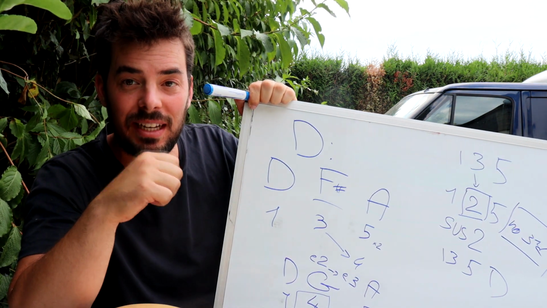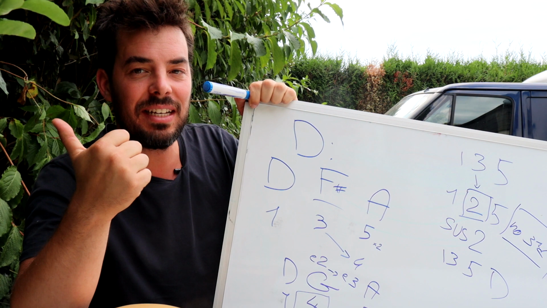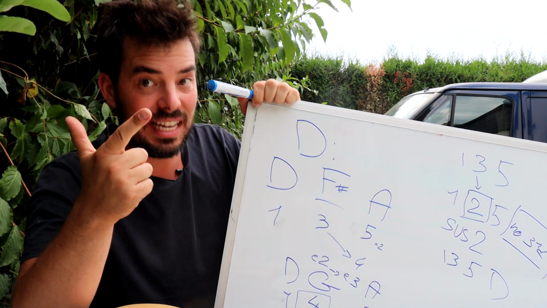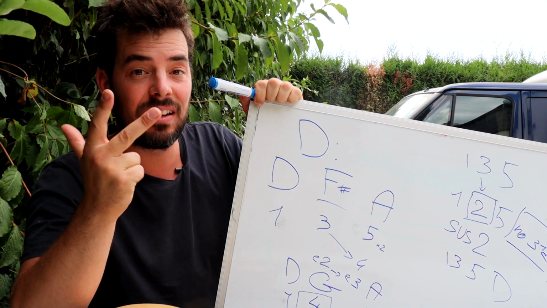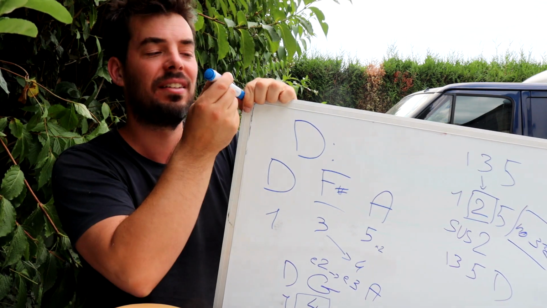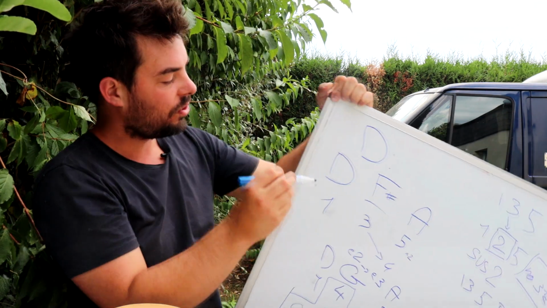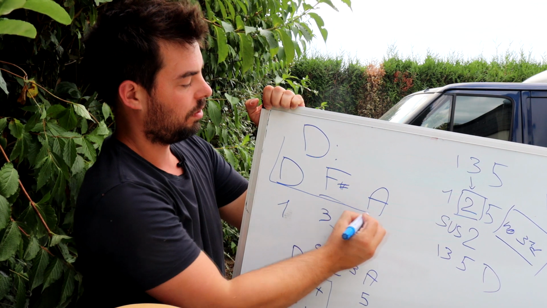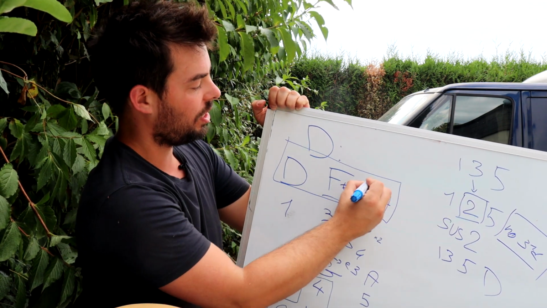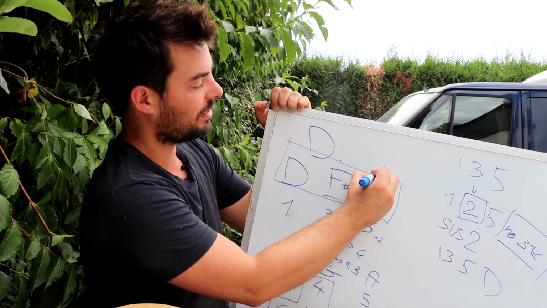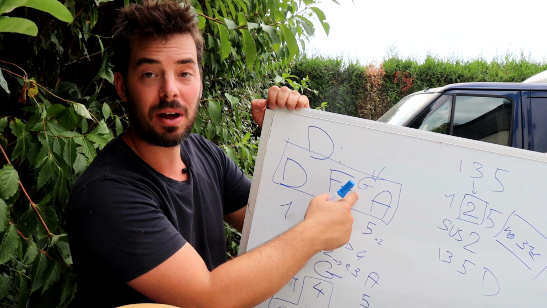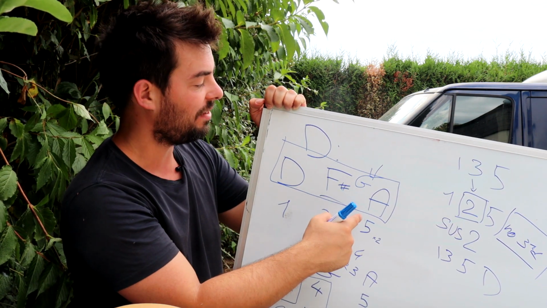What's a fourth from D? Alphabet time. D, E, F, G. G is the fourth, so we want this chord plus a G. We want this guy to be invited at the party and nobody to leave.